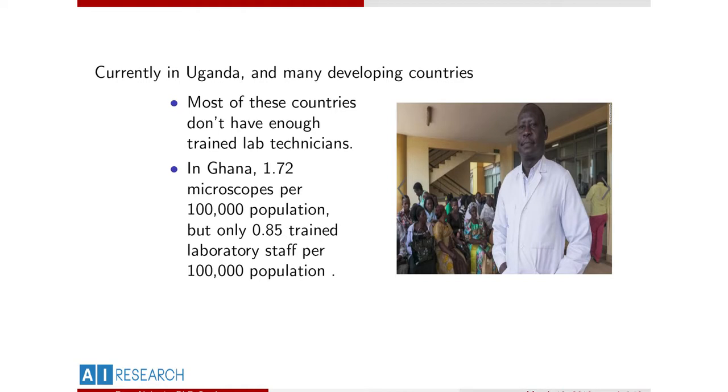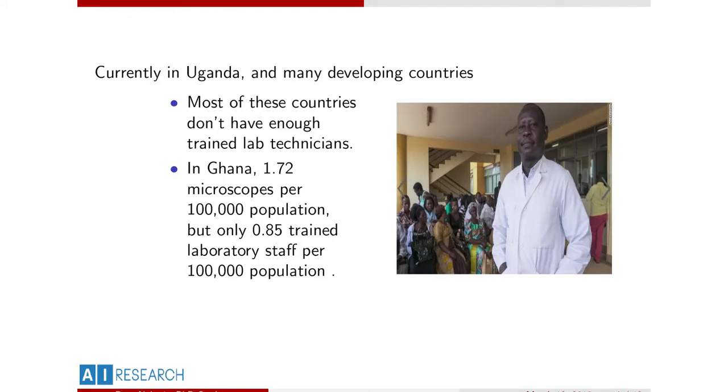And what does that mean? It means that we have more microscopes in the developing world than trained technicians to do the diagnosis. Here you see a lab technician at Mulago, and behind are the people waiting for a microscopy diagnosis. He is overloaded with the many patients that come in a day.